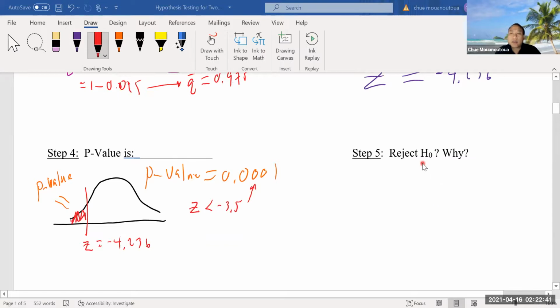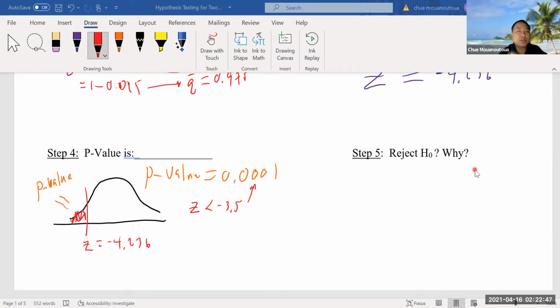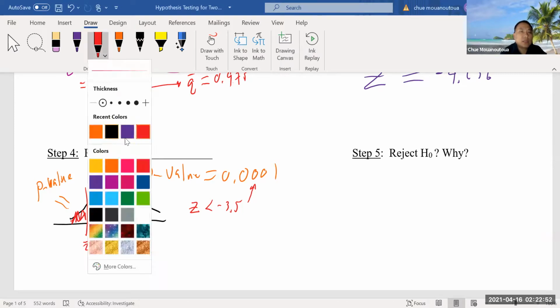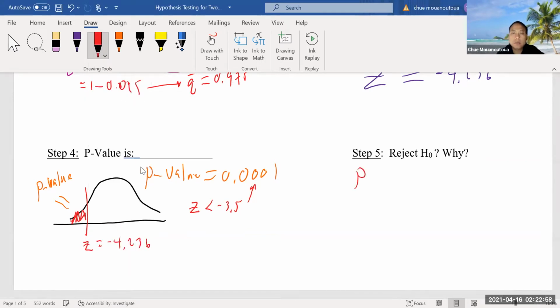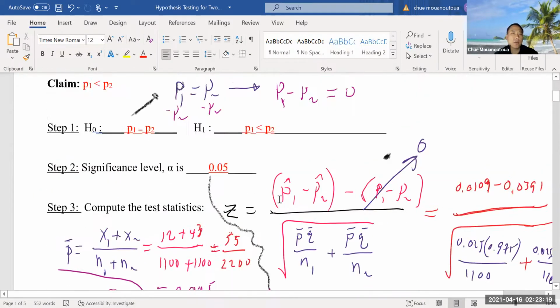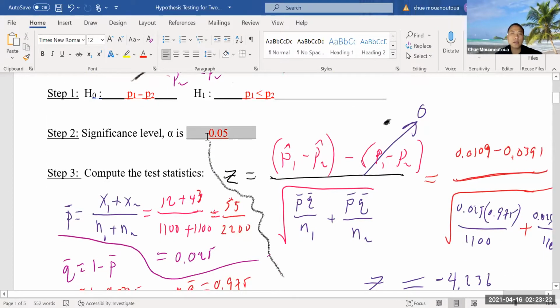Now, step 5, reject or not. Again, go back to your formal procedure from chapter 8. We put the p-value against the alpha. The p-value is 0.0001. Alpha, in this case, is 0.05 right here.